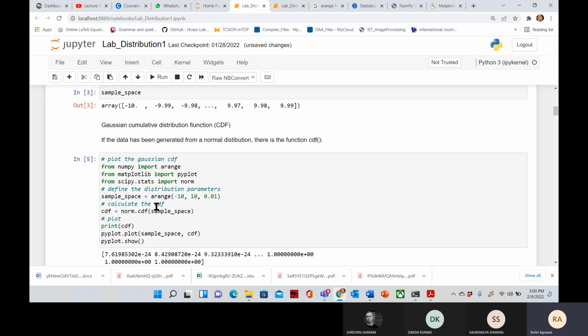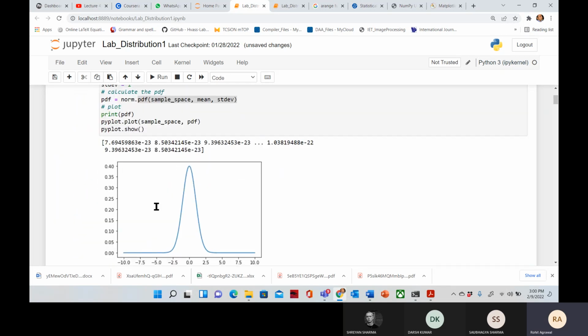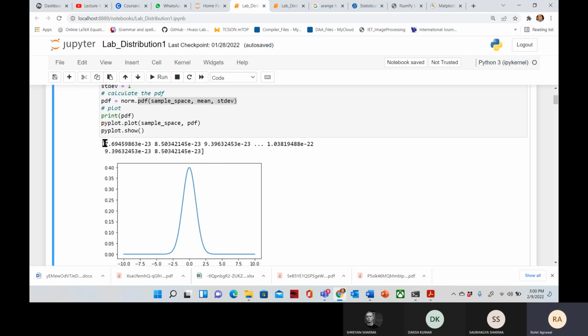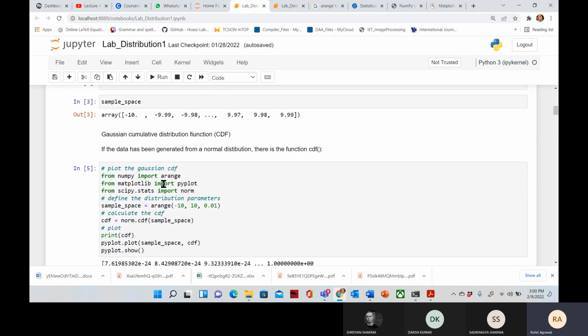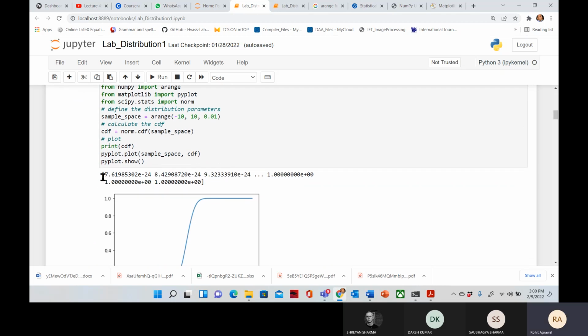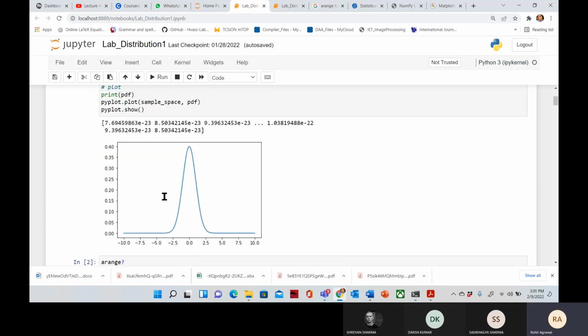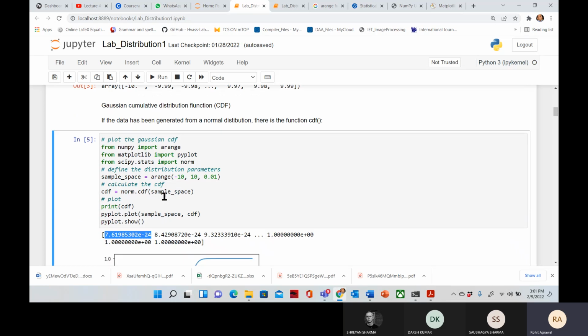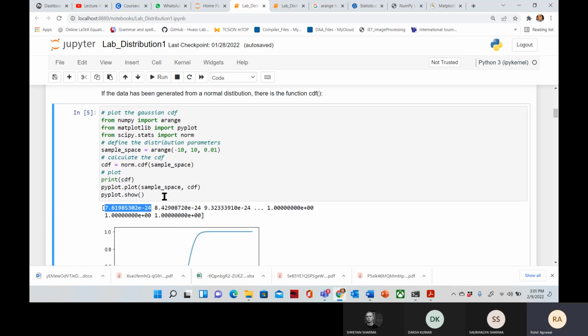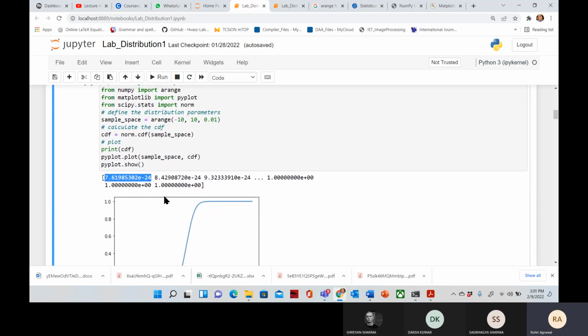The first value will be the same. Look, this first value and this first value will be the same. I think it is the same. No, it is minus 7 point something. No, it is not the same, it is different.